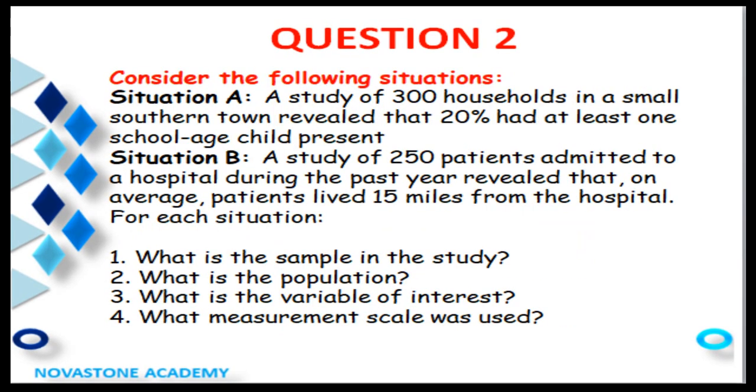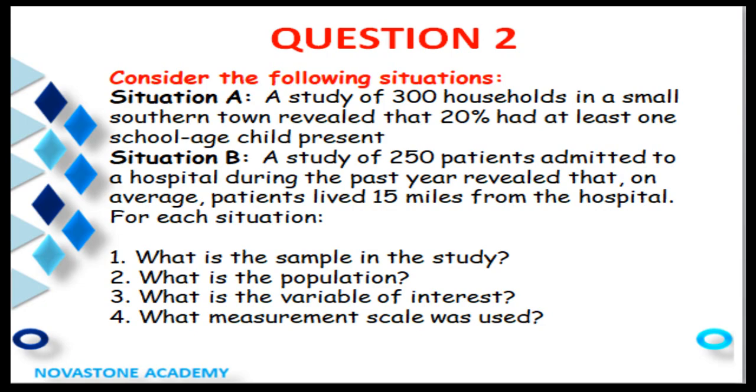Let's do the last one. We are saying consider the following situations. Situation A, a study of 300 households in a small southern town revealed that 20% had at least one school-age child present. Situation B, a study of 250 patients admitted to a hospital during the past year revealed that, on average, patients lived 15 miles from the hospital.